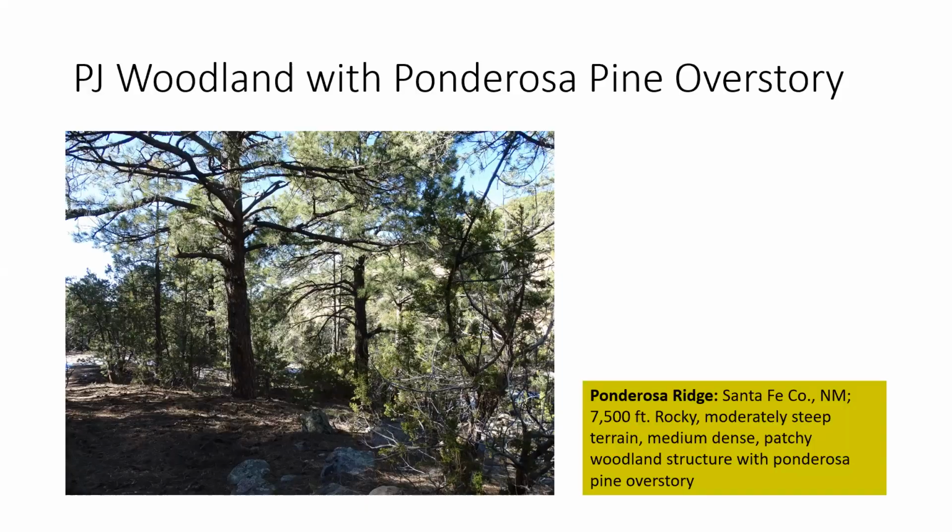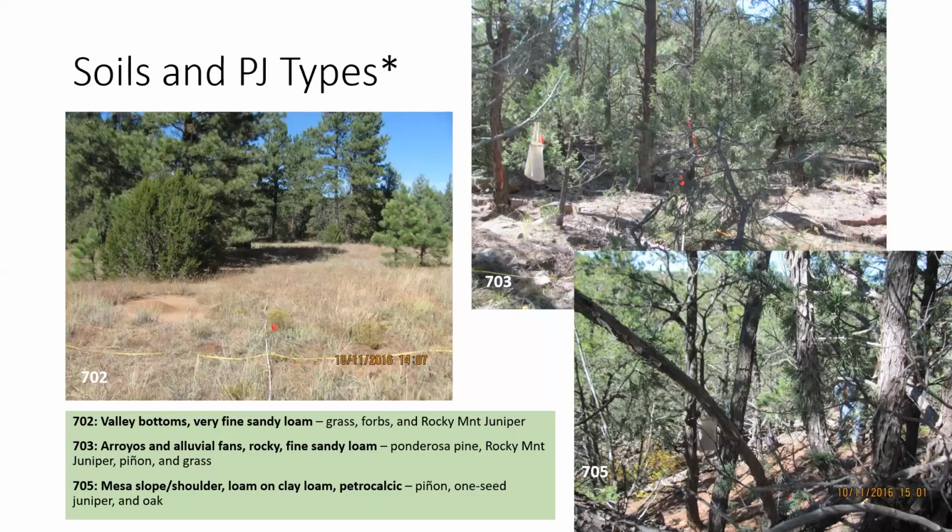So that leads us then to also look at the soils under these different pinon juniper types. The soils on the Glorieta Freedom Ranch include loamier soils on grasslands, in the valley bottoms, that is soil type 702 in Web Soil Survey, and that supports mostly grass, forbs, some Rocky Mountain juniper, not the one-seed juniper, but the more loose, not prickly Rocky Mountain juniper, some Ponderosa pine, and occasionally some piñons.